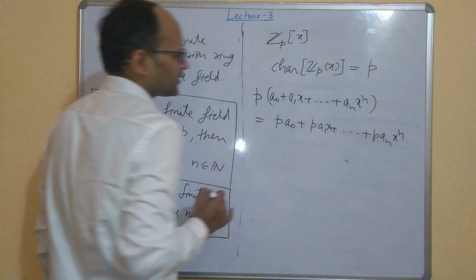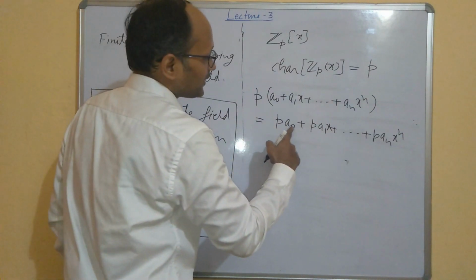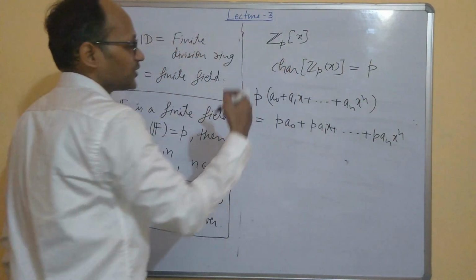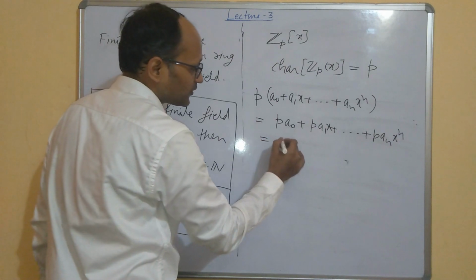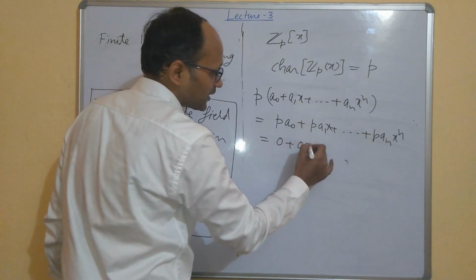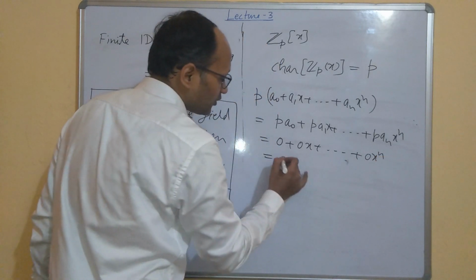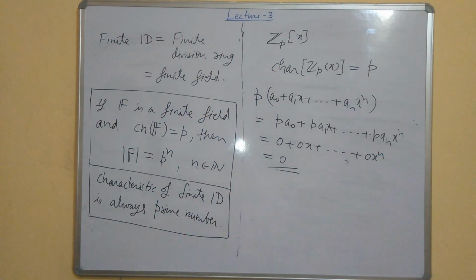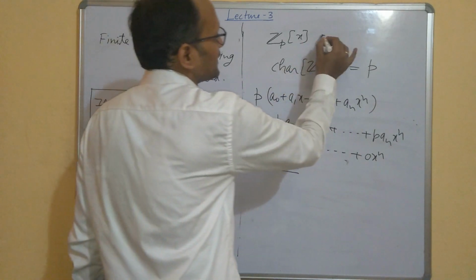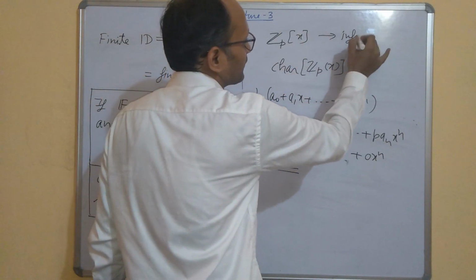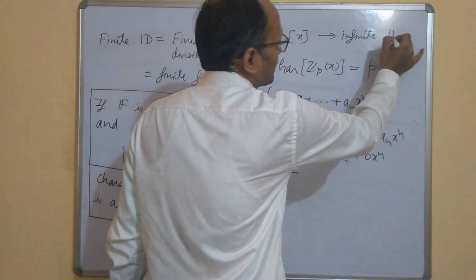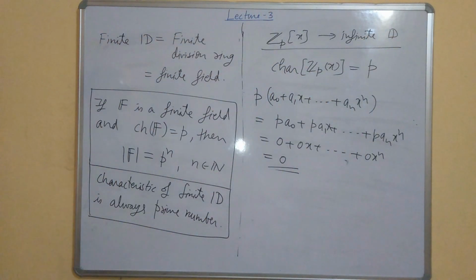But because these a0, a1, an are from Zp, P times something will give you 0, so this is 0 plus 0x plus and so on, 0x to the power n, so it is the 0 polynomial. So this is an infinite integral domain and its characteristic is finite.